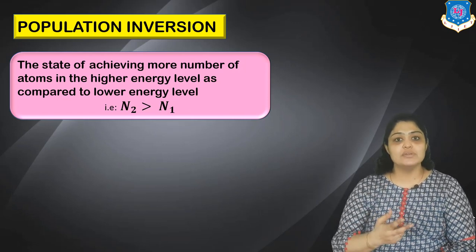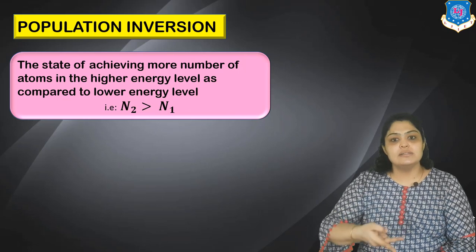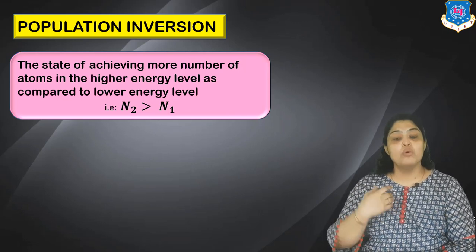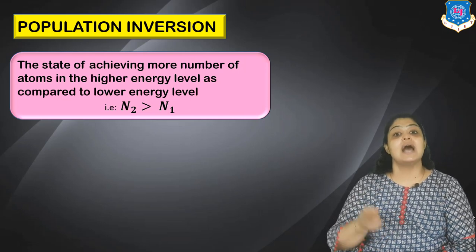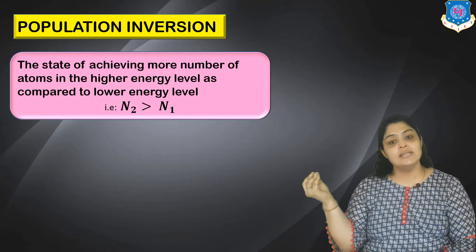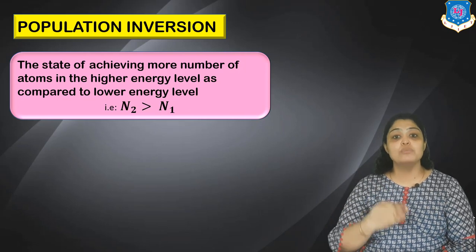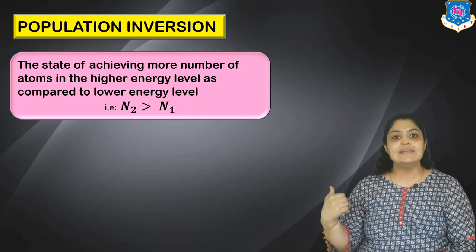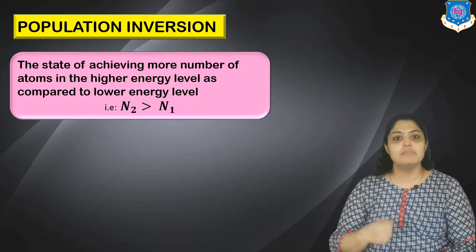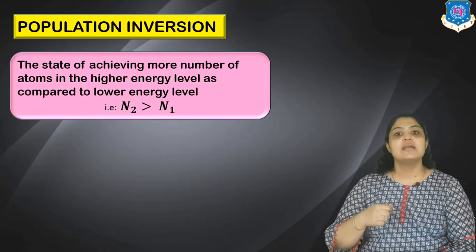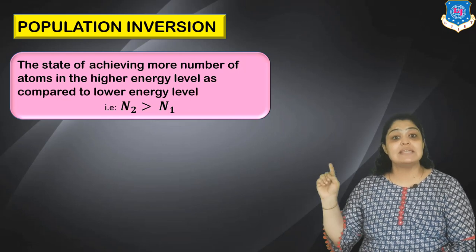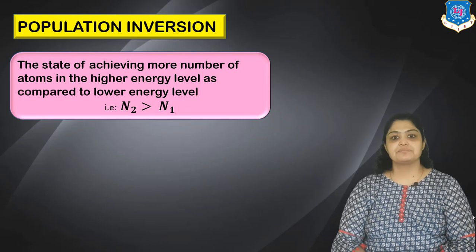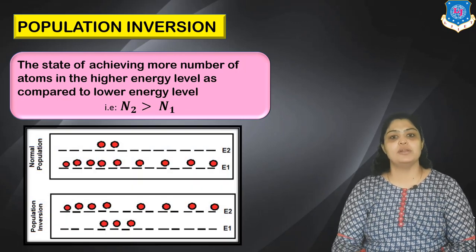So he proposed that if I invert the population, meaning I achieve more atoms in the higher energy level and continuously give radiation, I will have more stimulated emission. Only then is laser possible. He said that achieving more atoms in the higher energy level compared to the lower energy level, that is N2 greater than N1, is the meaning of population inversion.